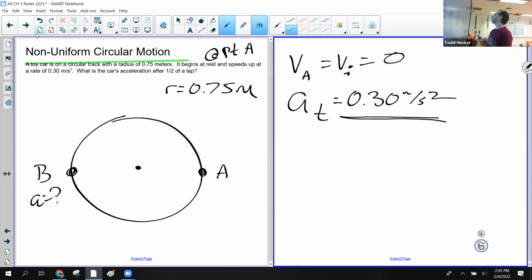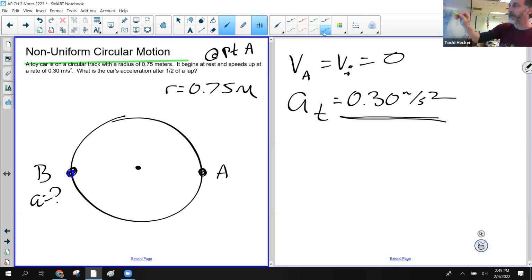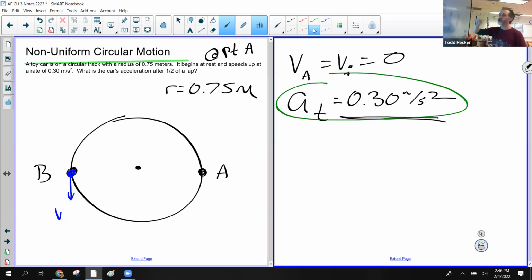Okay. So when we do get over here to point B, our velocity vector is going to be this way. Velocity vector is that way, tangent to the circle. And at that instant, we're going to have a tangential acceleration.